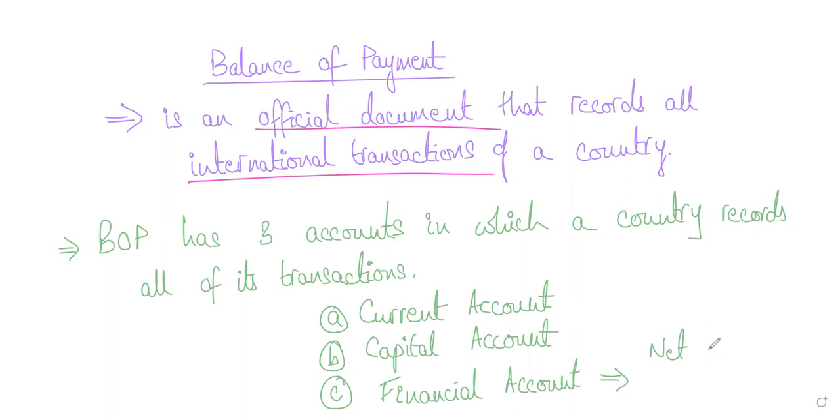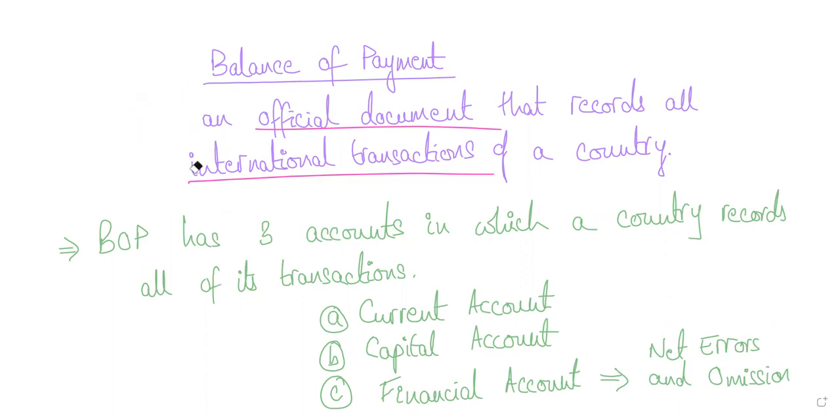When we come to the financial account in a bit, we'll talk about what is net errors and omissions and what is the use of having this subsection and so on, right? Is this simple? Can we move on?